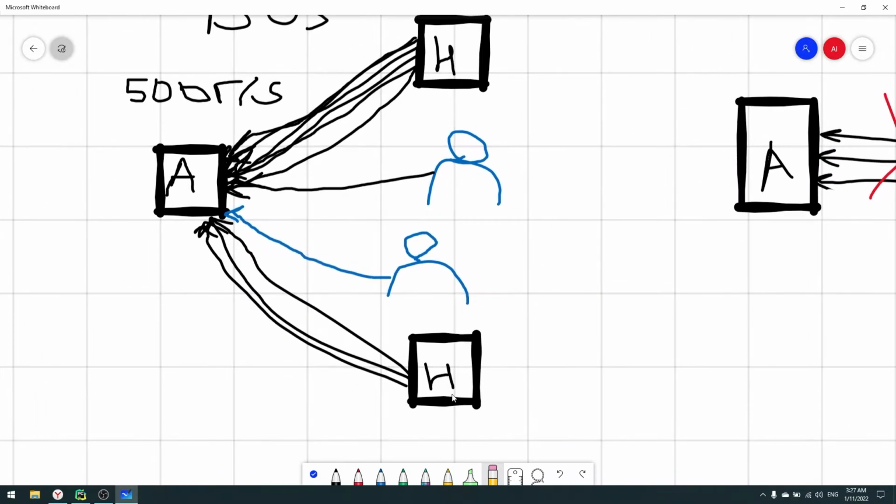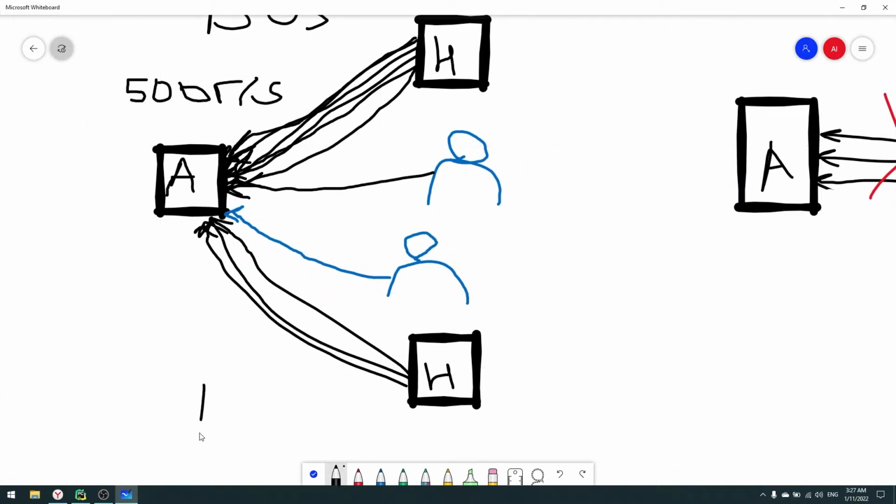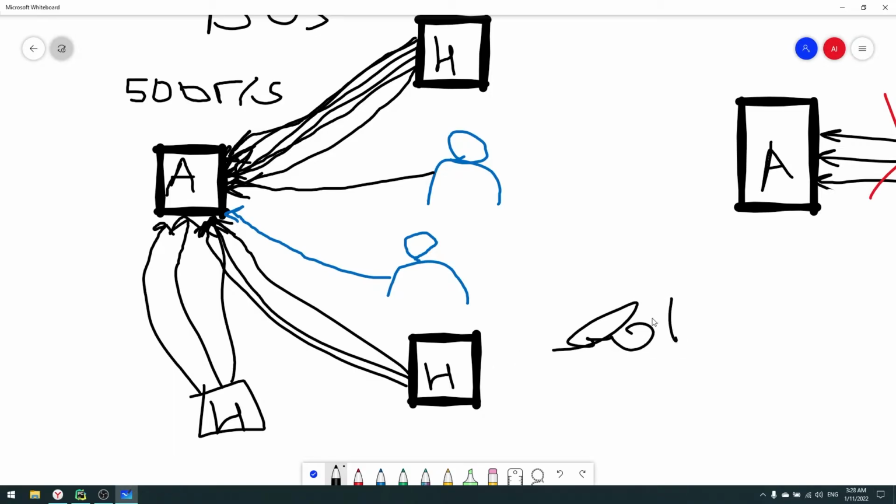However, if we're talking about distributed systems, it's going to be very, very hard to tell the normal clients from the botnets. A botnet is when a hacker has tons of computers under their control.